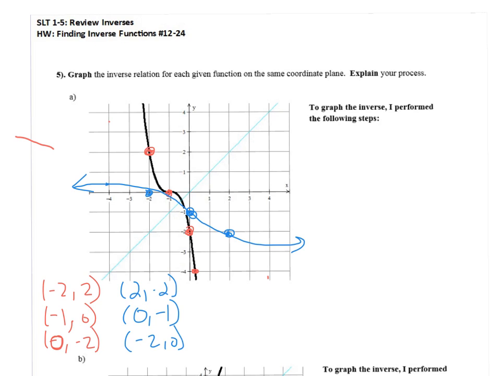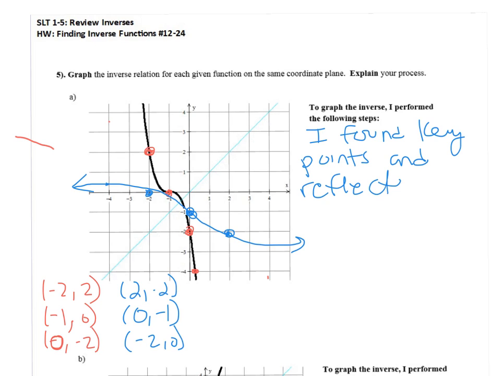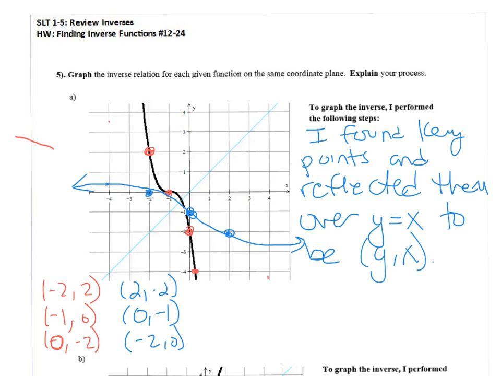To graph the inverse, I performed the following steps. I found key points and reflected them over y equals x to be y comma x.